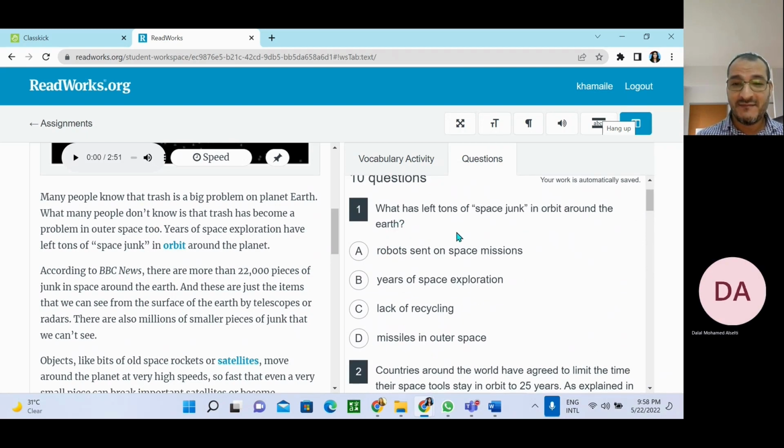Okay, go ahead, start. What has left tons of space junk orbit around the Earth? Space junk means space trash. Yes, trash in orbit around the Earth. What has left tons? So we need to use the words tons of space junk left in orbit around the Earth. Perhaps we'll find it.